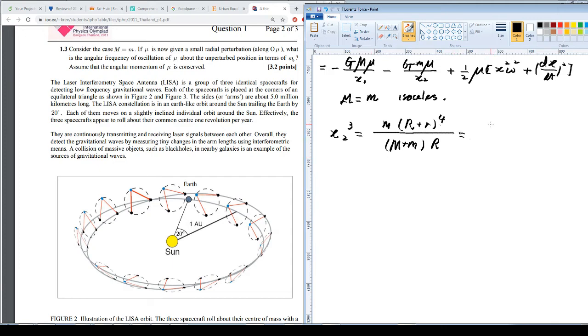And that will be m, 2r to the fourth, 2m r, and that's equal to 8r cubed, and x must equal 2r. Interesting. It's an isosceles. It's an equilateral triangle.